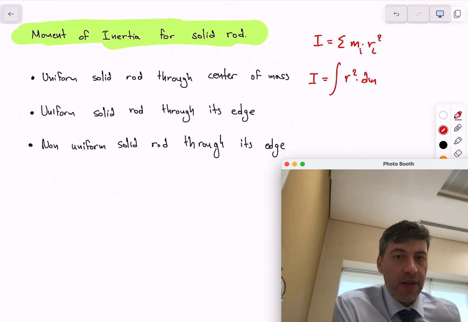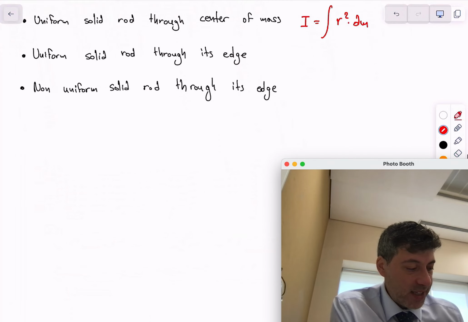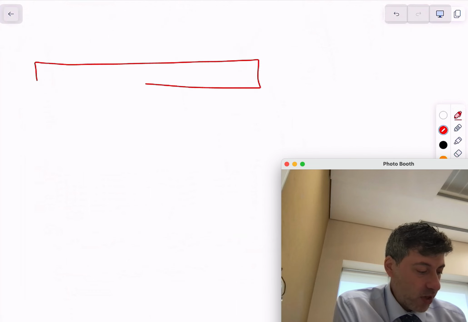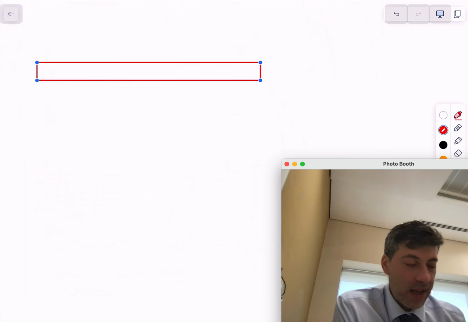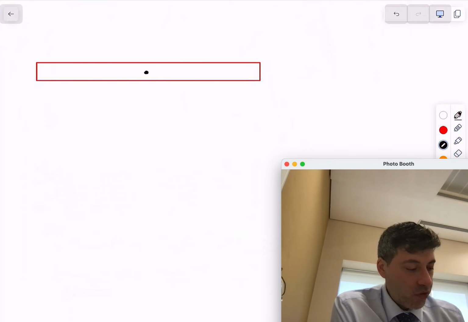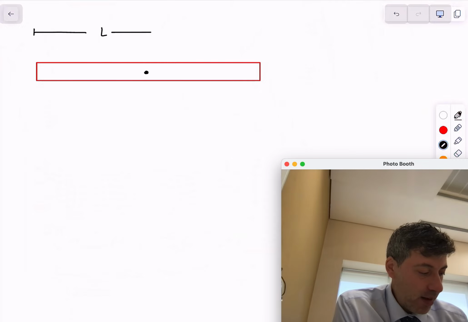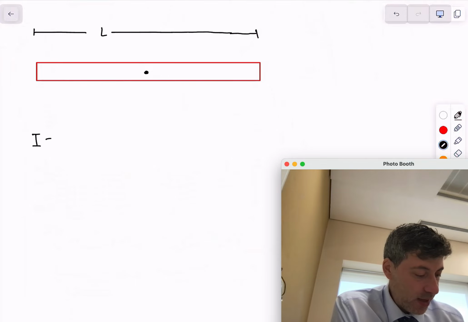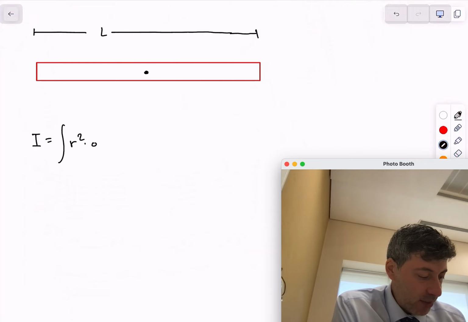So let's start with the first case, which is a uniform solid rod that is rotating through its center of mass. Now, if we consider that the rod has a length L, all we need to do is apply the law of integration, r squared times dm.